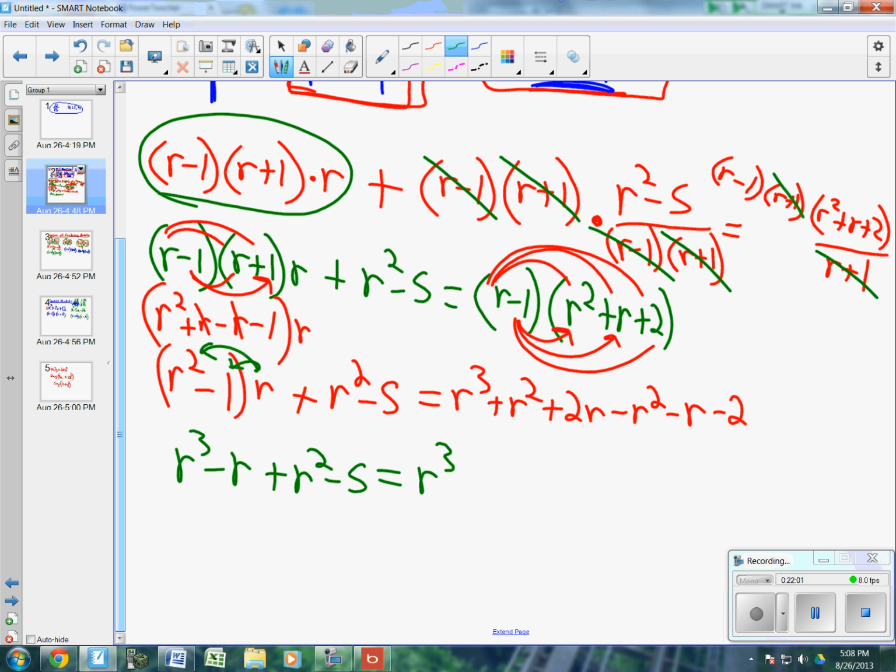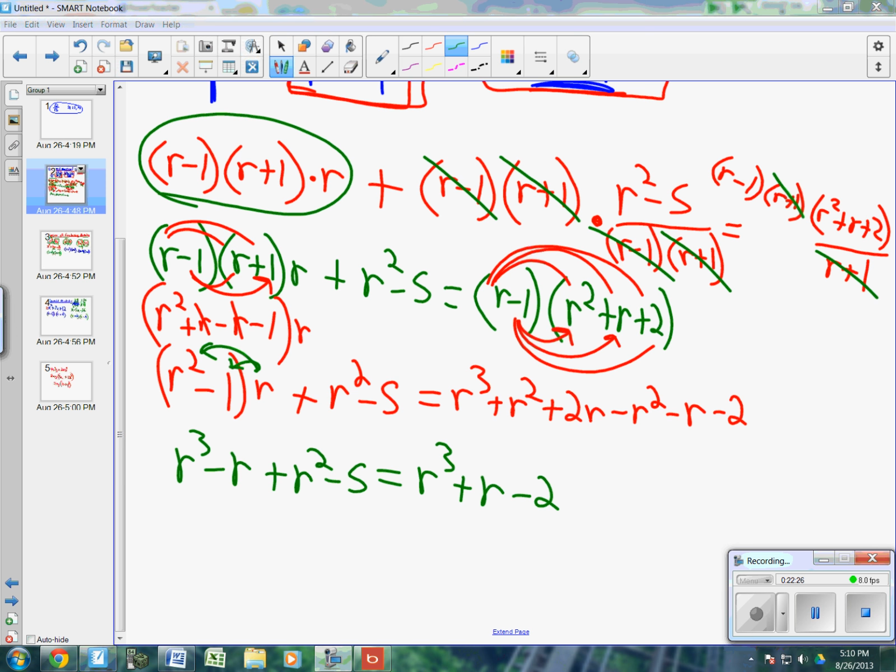There's a 2r minus r, which would make a plus r, and then we have a minus 2. Is that right? Okay, then, if I haven't made a mistake, hopefully I haven't, let me just look back over it a second.